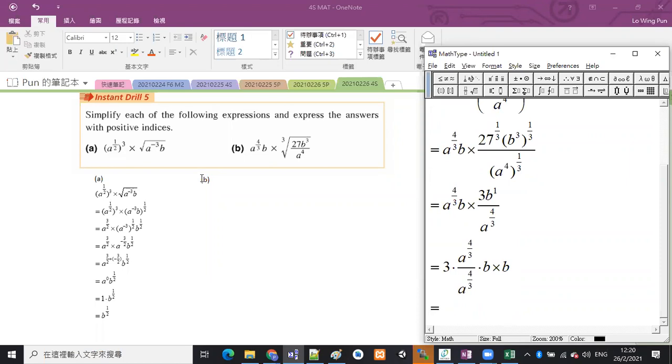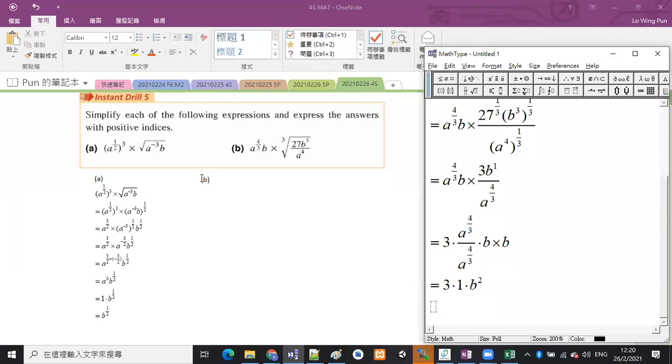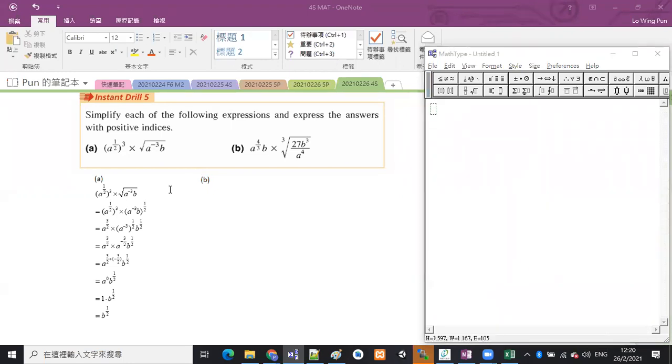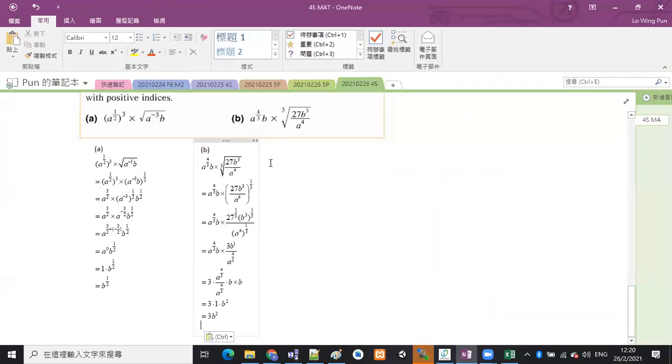So for the number, it is just 3, and for the a, they are exactly the same, one up, one down, so they are completely cancelled by each other. So it is just 1. And then times b is b squared. Finally, it is just 3b squared. Is that okay? So that is the answer.